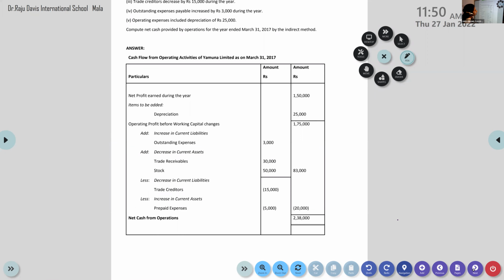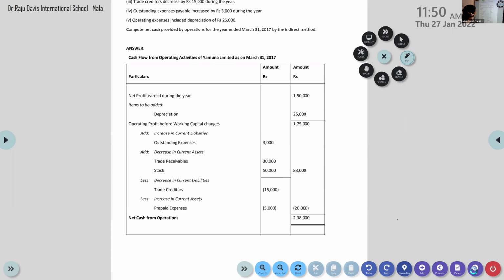The result you get is the operating profit before working capital changes. So 1,50,000 plus 25,000, you get 1,75,000.